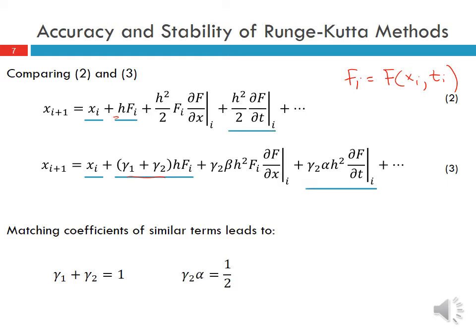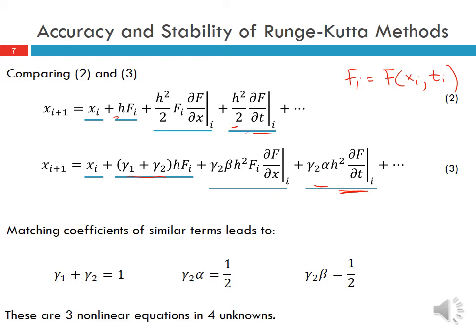The coefficient of the term h squared partial f by partial t evaluated at i is 1 over 2 in the Taylor series, and gamma 2 alpha here. So gamma 2 alpha is equal to 1 over 2. Comparing our last terms, we see that gamma 2 beta is equal to 1 over 2.